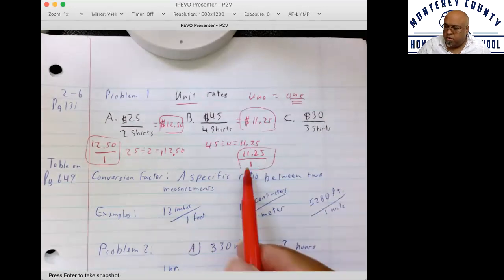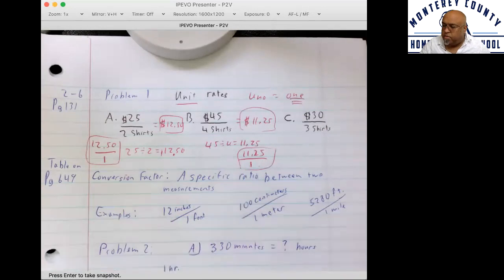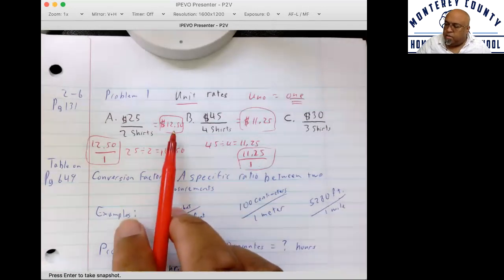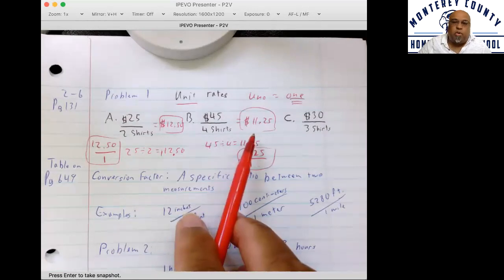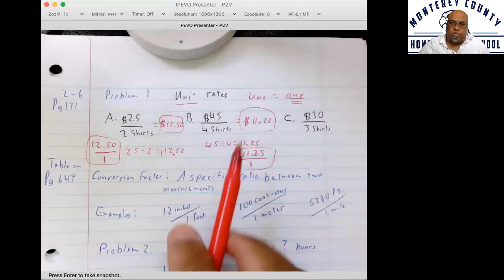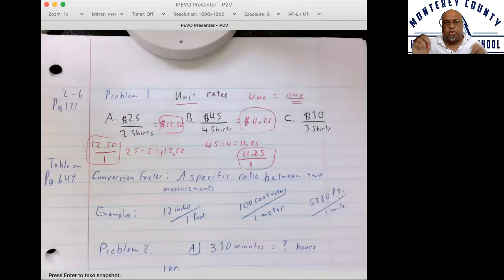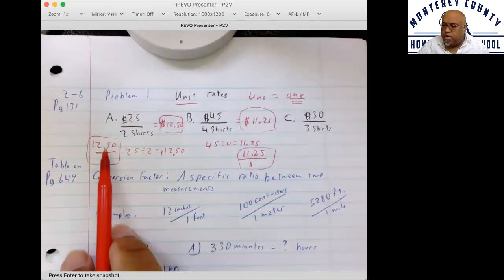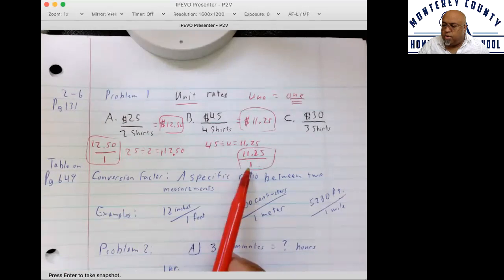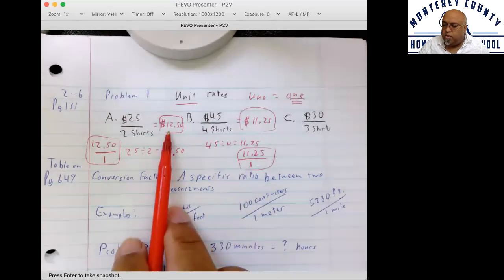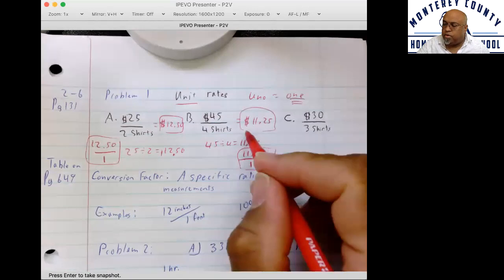Okay, remember, to be a unit rate, the denominator has to be 1. Now you notice when I wrote the answers, I did not write them over 1, because anytime you have a fraction, which is basically a ratio, and the denominator is 1, then you can just write it as a whole number. Even though I'm writing them as a unit rate here, just to show you the work we did, I'm writing them as whole numbers for the answer, because the answers we're looking for are whole numbers.